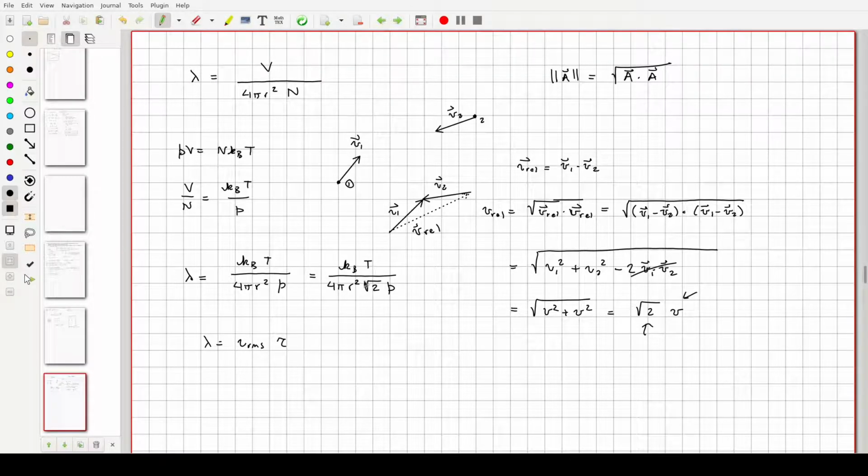If this right here is the true distance a particle would have to travel on average to go from point A to point B and experience a collision there, then the amount of time would just be lambda divided by v_RMS, or k_B T divided by 4 pi r squared, square root of 2 times P, times the RMS velocity. This is the RMS velocity right here.